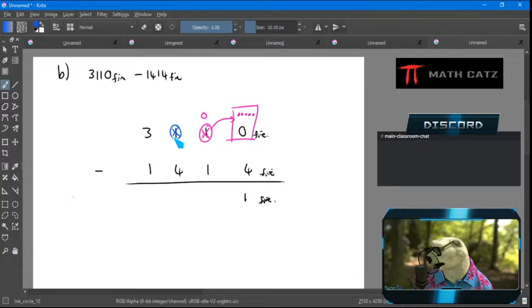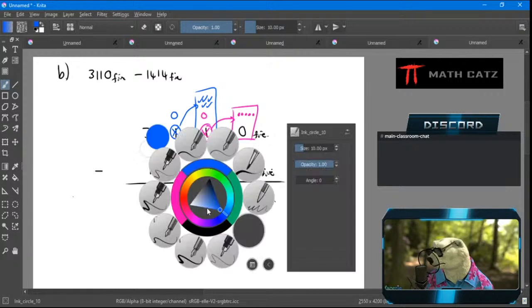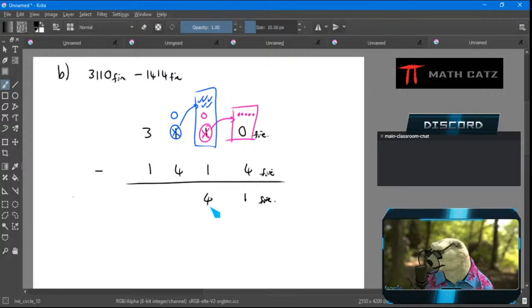I will borrow this 1, changing that column's value to nothing. Then borrow. I'm just going to make check marks because my fingers look like 1s. I don't want to be confused. Then in that column, I have 5 with the existing 0, so just 5 minus 1 is 4. Next column, 0 minus 4.